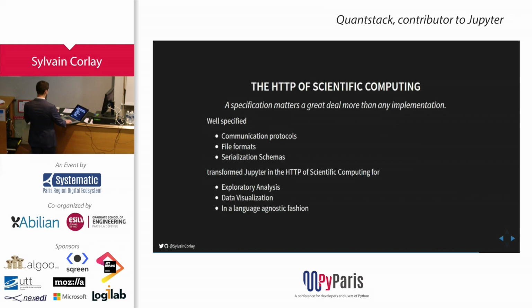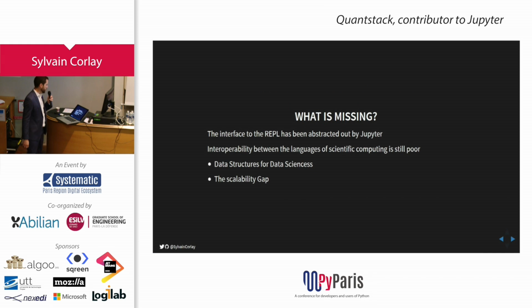So what's missing now? Well, we have abstracted the interface to the reports, but that's not everything. Okay, just 2 minutes. First, we have a lack of interoperability between the languages of scientific computing. Data structures for data science are not interoperable.